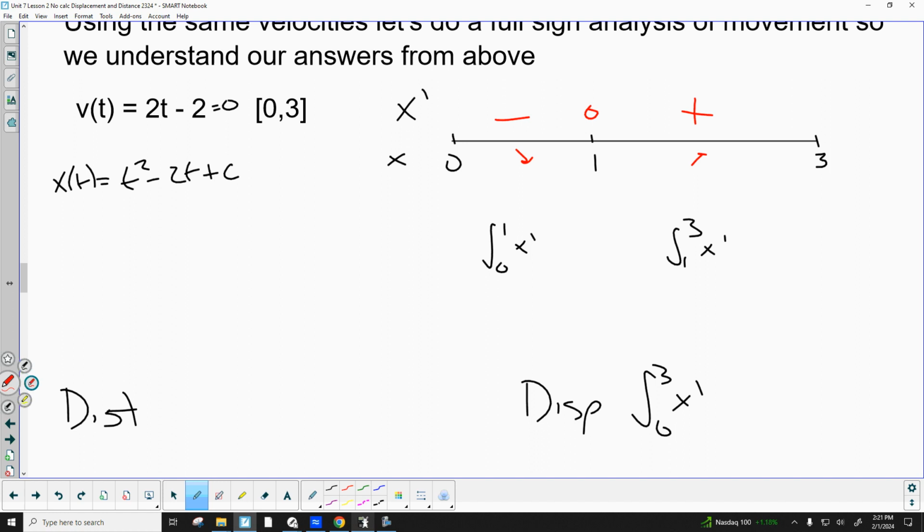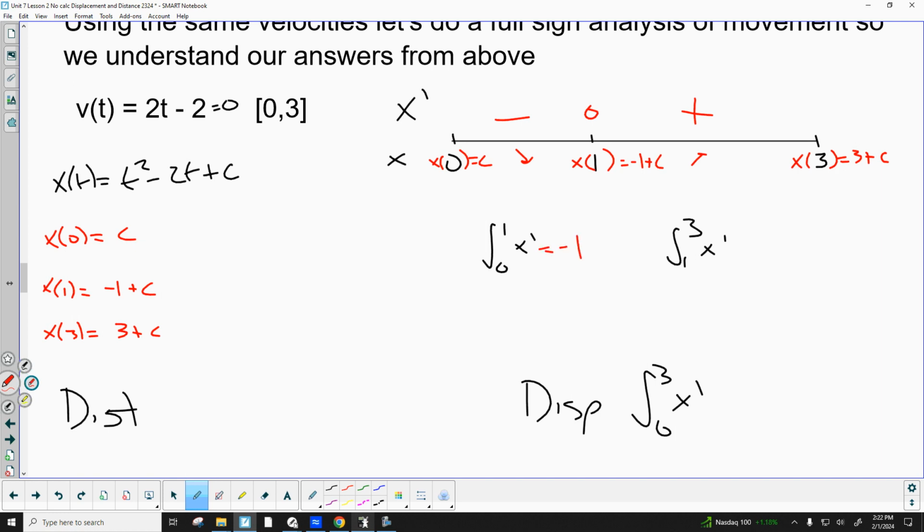We cannot do this if we don't have a calculator, so we go the roundabout way. Thank you, Isaac Newton. We plug 0 into your position function, 1 into your position function, and 3 into your position function, getting C at time 0, -1 plus C at time 1, 3 plus C at time 3.